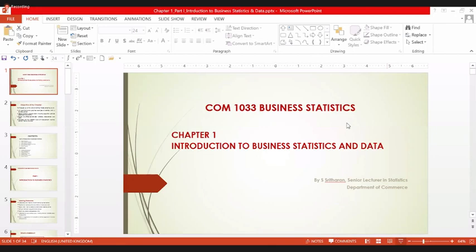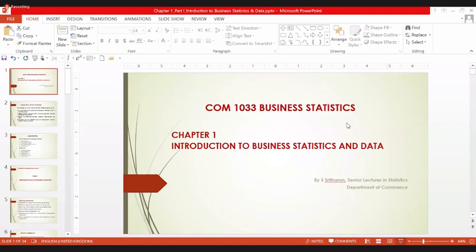The objective of this chapter: this chapter introduces the world of statistics. By introducing this world of statistics, you will be able to list quantitative and graphical examples of statistics within a business context.